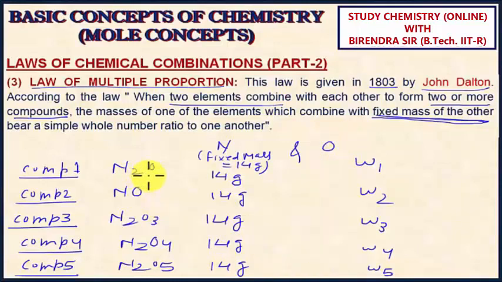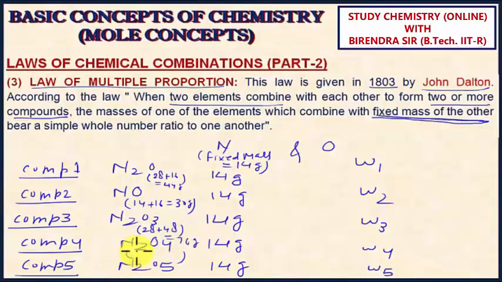For that we'll take the help of molar masses of the compound. Here you can see 14 into 2, 28 plus 16, and this value is 44 gram. Here if you find 14 plus 16 and the value is 30 gram. Here if you find 14 into 2, 28, 28 plus 48, and this value is actually 76 gram.